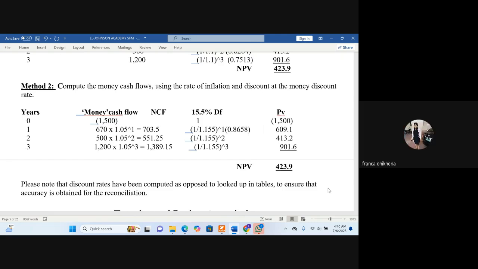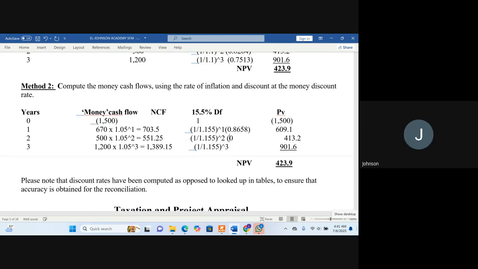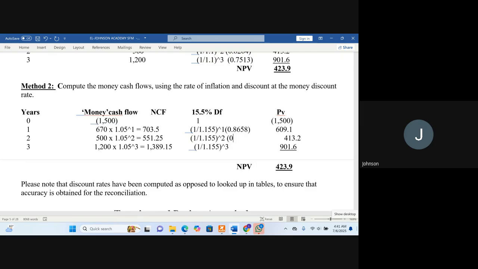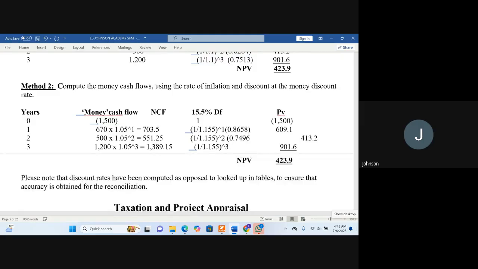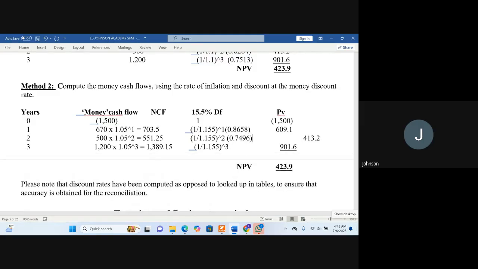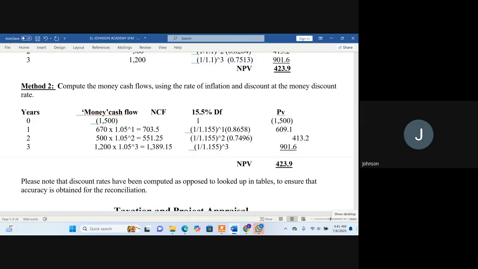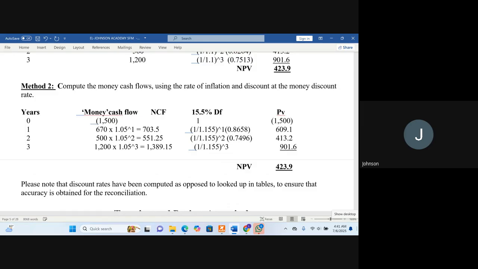Yeah, 0.7496. I will assume that your figure is correct. So you did that. Then the next thing is that somebody else should do the last one.